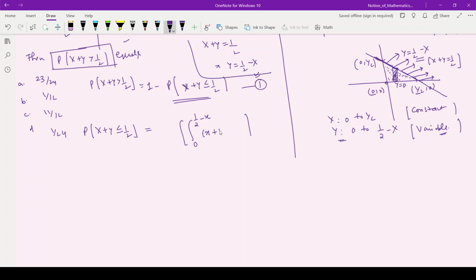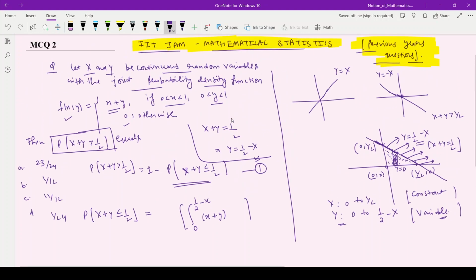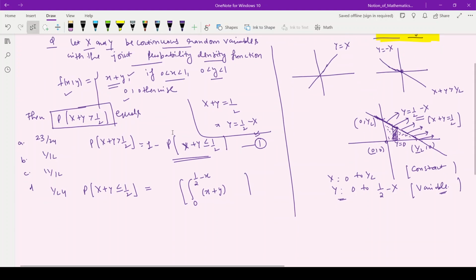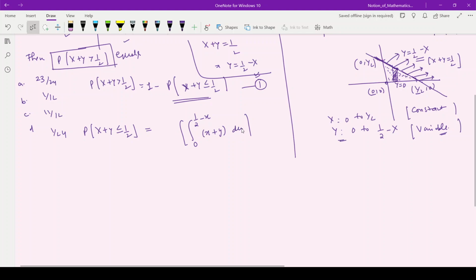f(x,y) is given as x plus y in the question, as you can see, with the limit for y, and then the limit of x is 0 to 1 by 2, and then dx. And we know that inside this bracket, with respect to y, x will be constant.